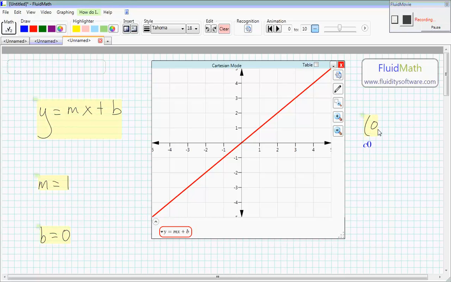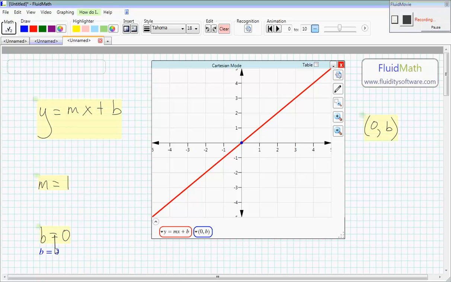I'm going to plot the point 0, comma b, and that is what is meant by the y-intercept, and it's a parameter. The parameter b defines where along the y-axis this line will intercept it. So we'll keep an eye on this blue point as we change the value of b.